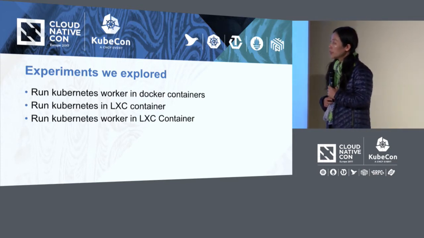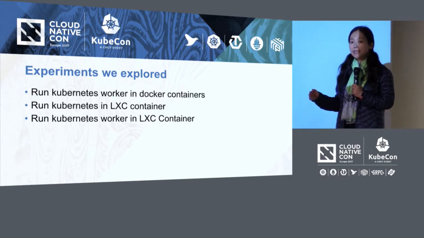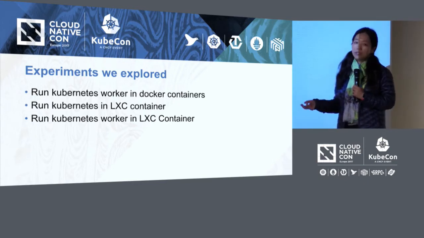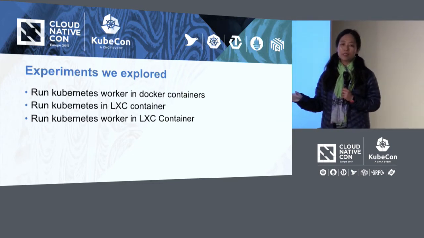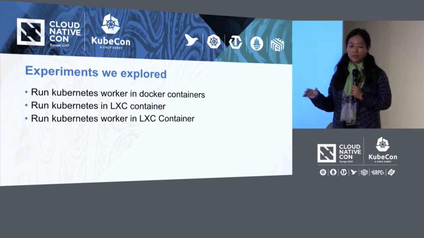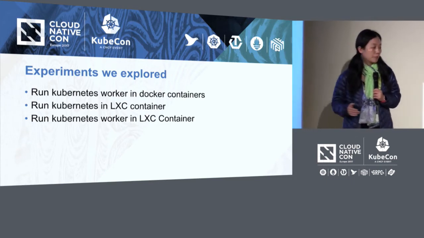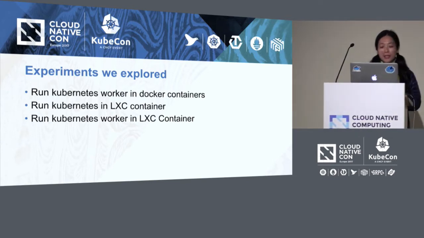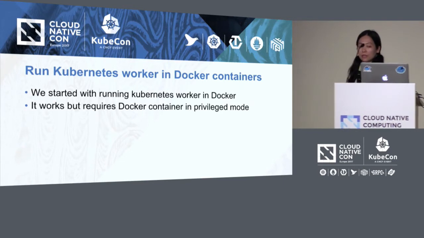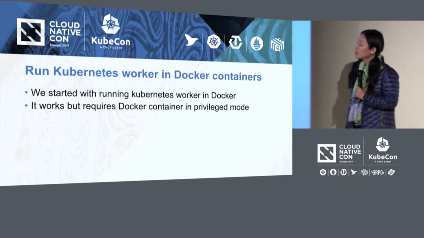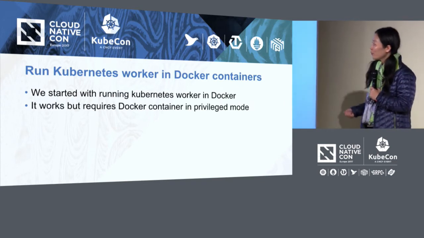The third experiment we ran is to run just the Kubernetes worker piece in LXC containers, while the master is still deployed as the rest of the container service on Bluemix, so that the master would be deployed onto the Kubernetes that runs all the rest of the masters. So let me take you through the first of the experiments we ran. It's funny, we actually got it working.